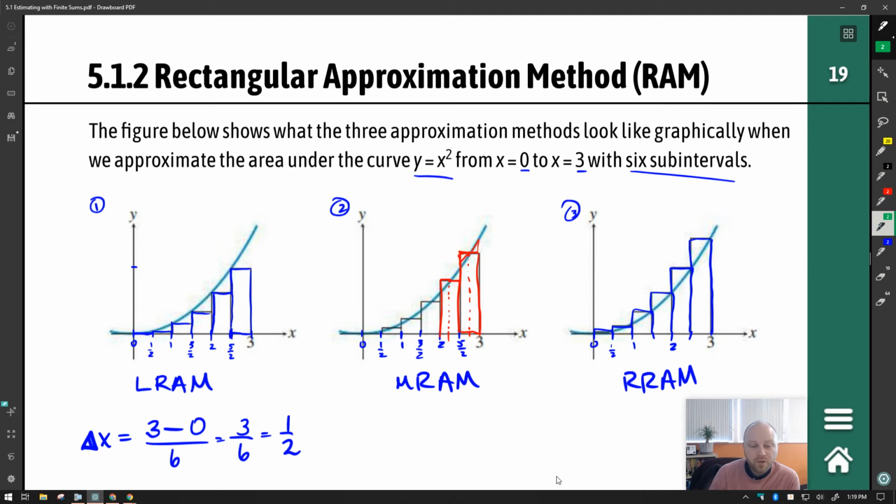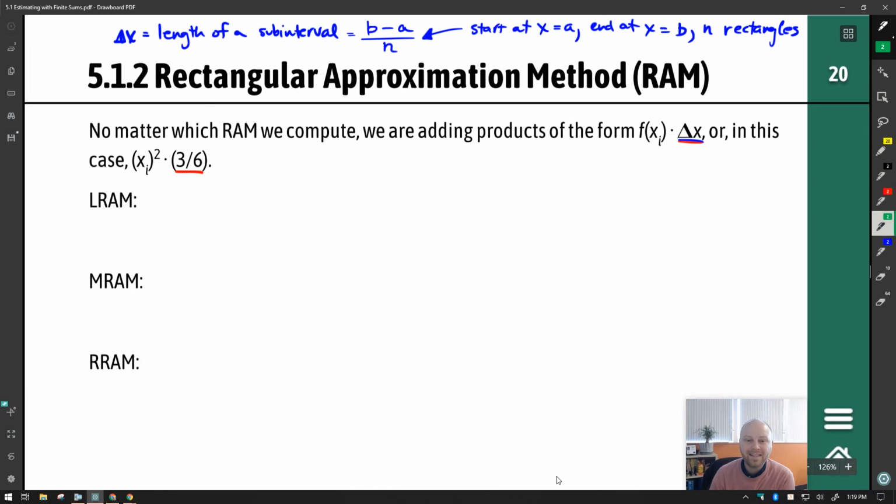When we're doing our left-hand rectangular approximation method, our x sub i's would be 0, there's x sub 1, and then 1/2, there's x sub 2, and then 1, there's x sub 3. And then you plug those numbers into f, into the function itself, to find the heights. So that's why we've replaced f of x sub i with x sub i squared, because remember the graph we were using was y equals x squared, or f of x equals x squared.